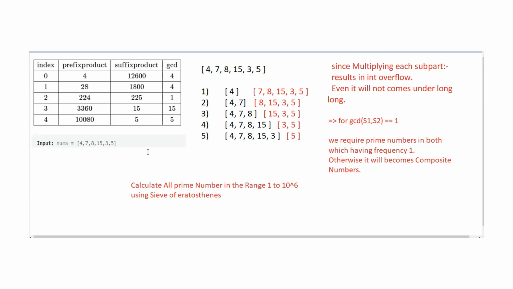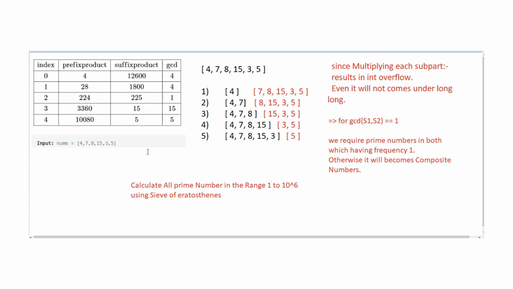Now, why are we breaking the numbers? Because rather than calculating the whole product of that subpart, we are incrementing the prime numbers. As I have mentioned two to three times at the start, to make the GCD of two products equal to 1, we require unique prime numbers.